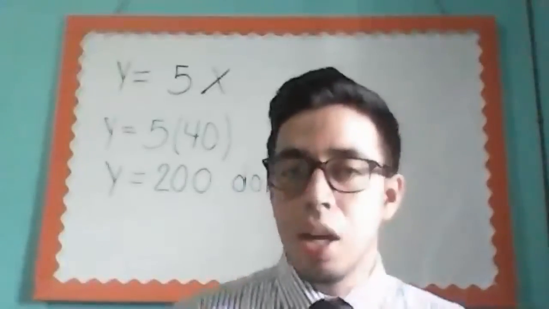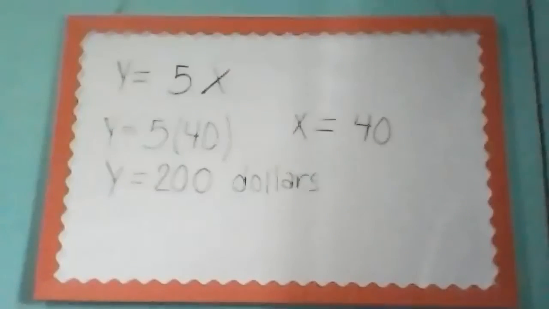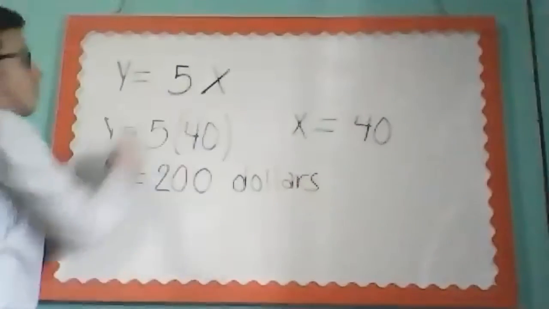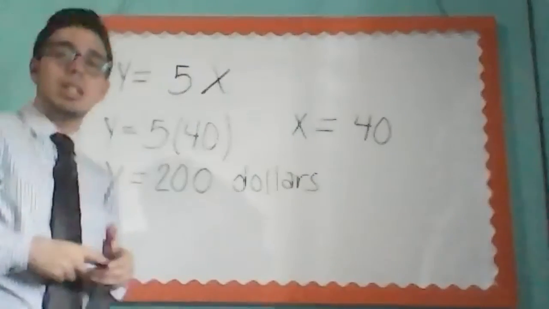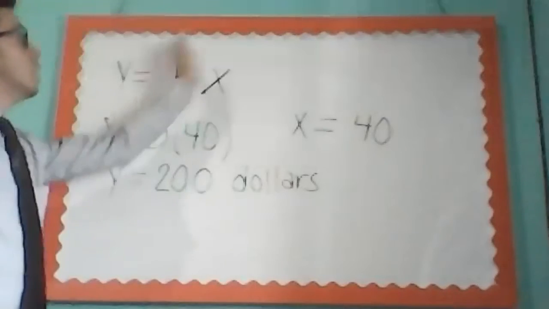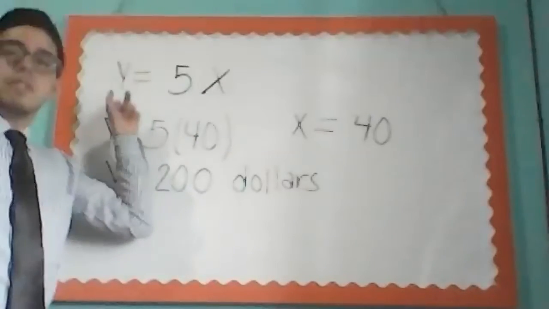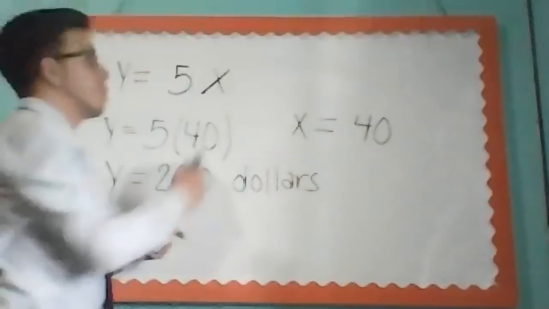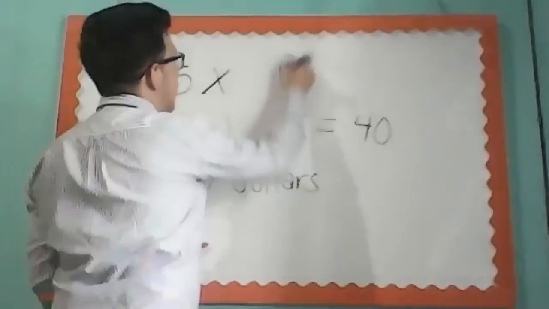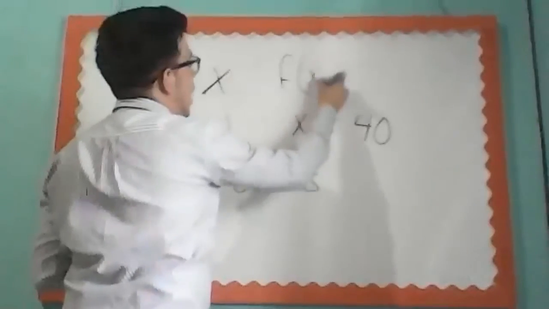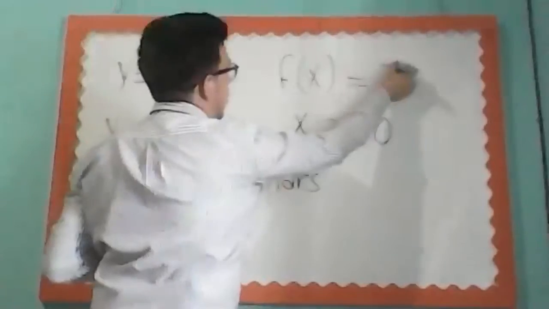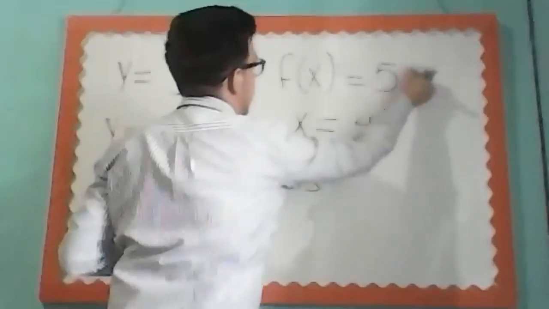It's the same way we have it here. You have y equals 5x, but we find this is not only a relation, it is a function. So you can represent this as f of x equals 5x.